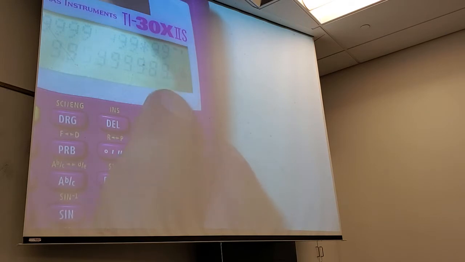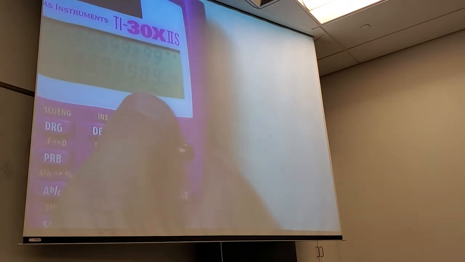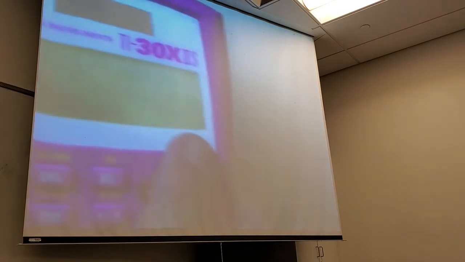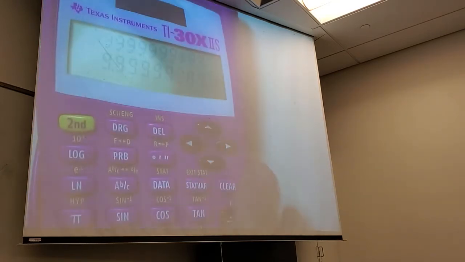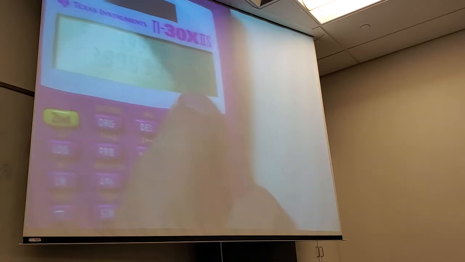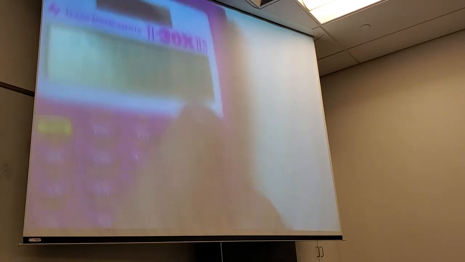So that means times 10 to the 16th. So the EE button is your times 10 to the button, and if you put really big numbers in there, it's going to do the best it can. It might spit scientific notation back at you. Is that all right?